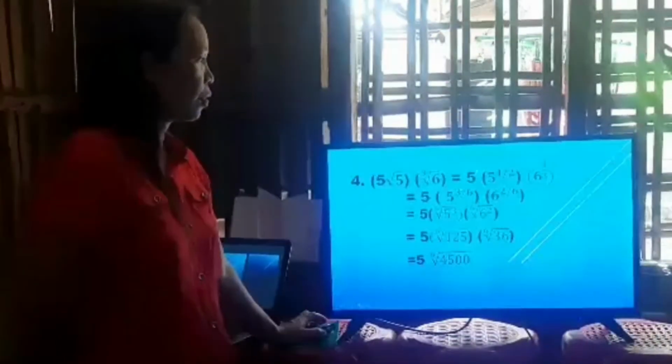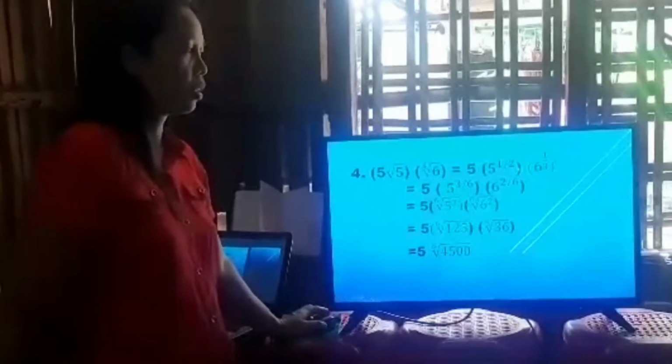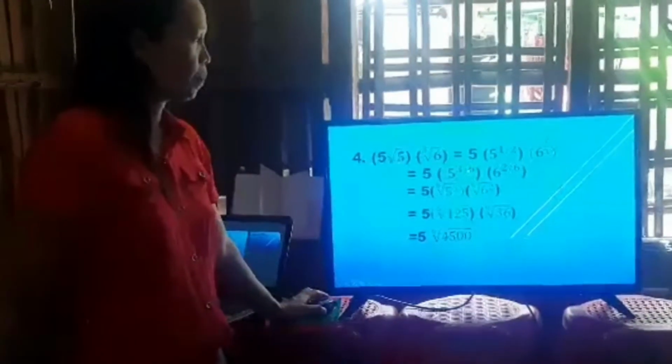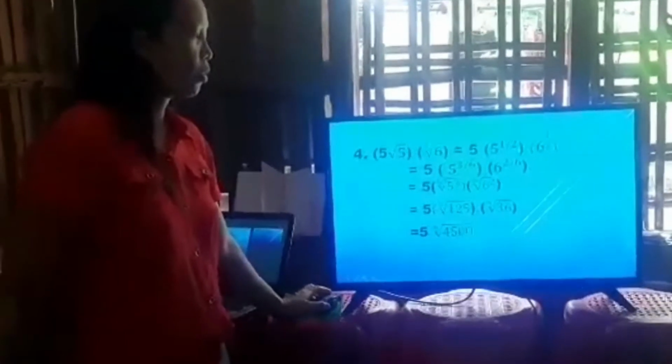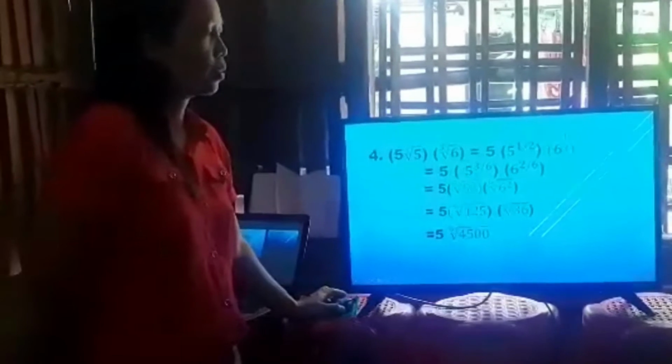So we have 5 times 5 to the 1/2 exponent times 6 to the exponent 1/3. So we are going to find the LCM of the exponents 1/2 and 1/3. The LCM of this 1/2 and 1/3 is equal to 6.